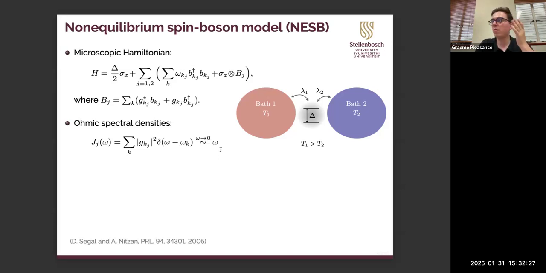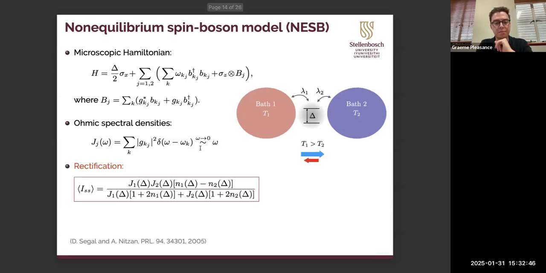Typically, we assume these spectral densities are ohmic in the sense that the lower frequency end of the reservoir dominates the interaction, so it is basically linear in this frequency.